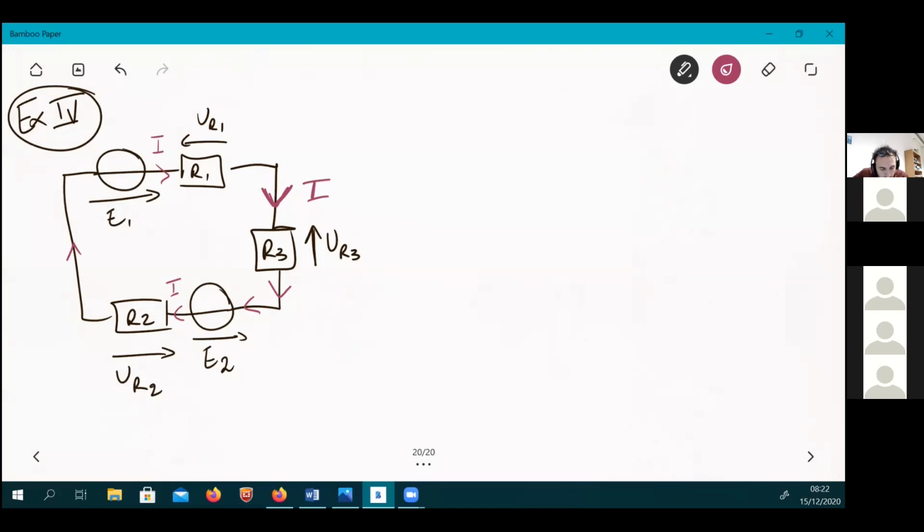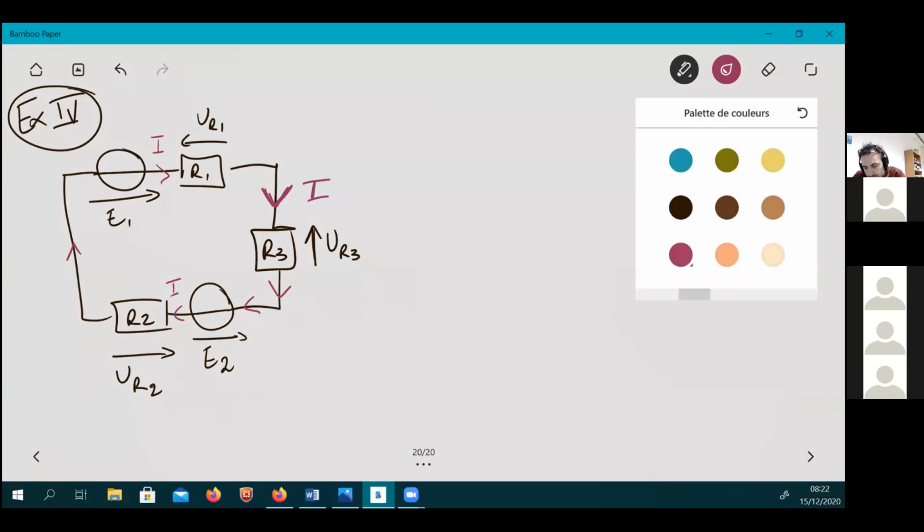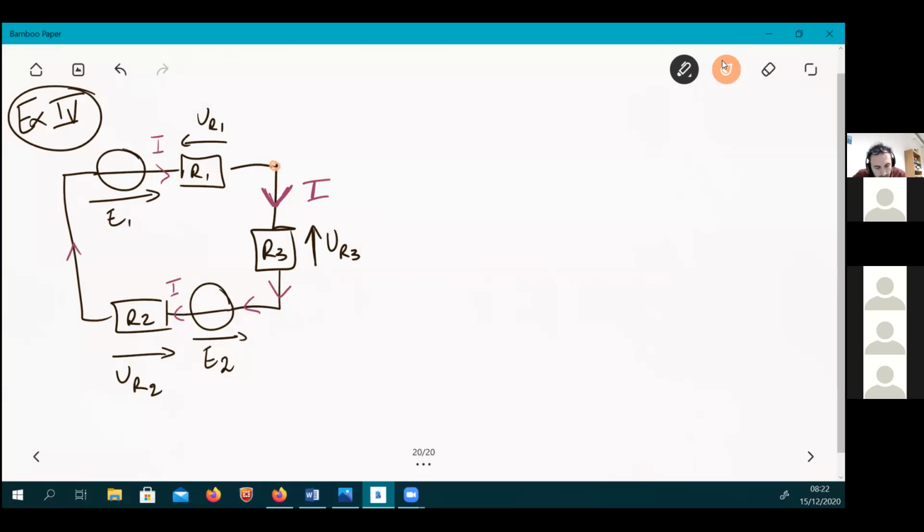So from now, everything is labeled on my circuit. There is no node, so there is no node law. The only thing you have to apply now is the mesh law. So you start from whatever point of the circuit you want. You can pick this corner.